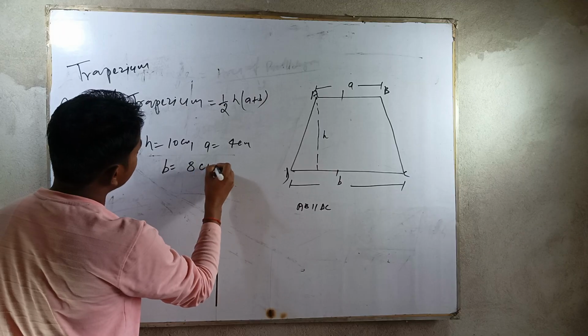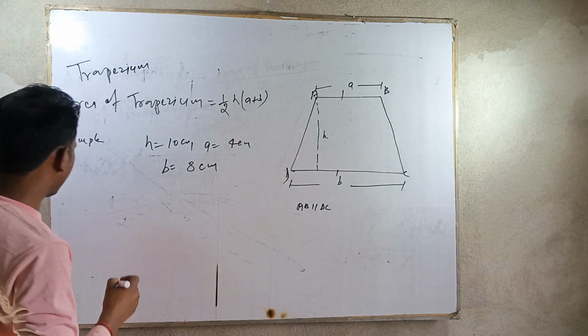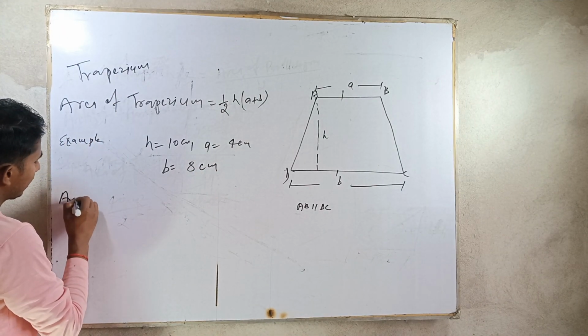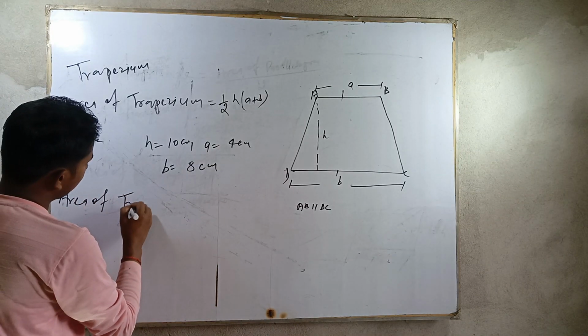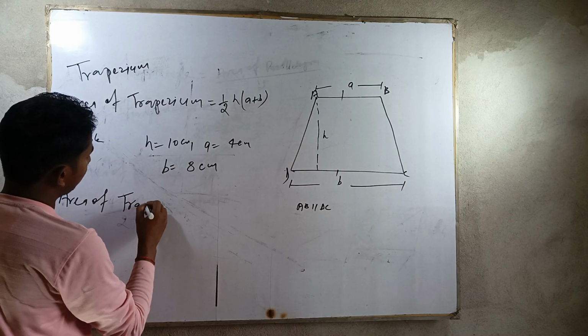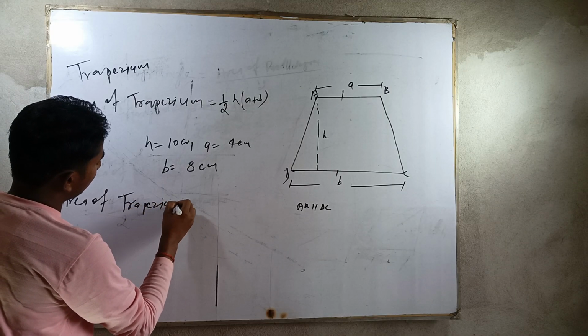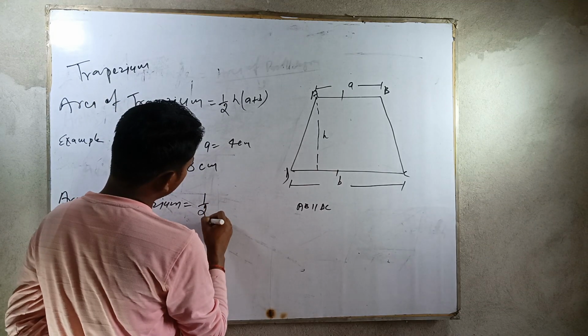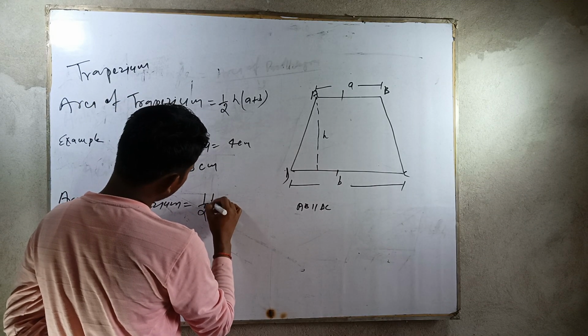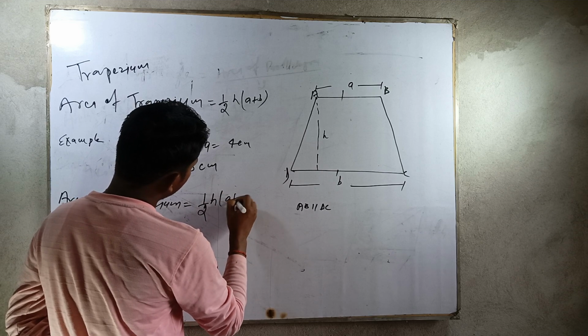Then it says find the area of the trapezium. Area of trapezium equal to 1 by 2 into h into a plus b.